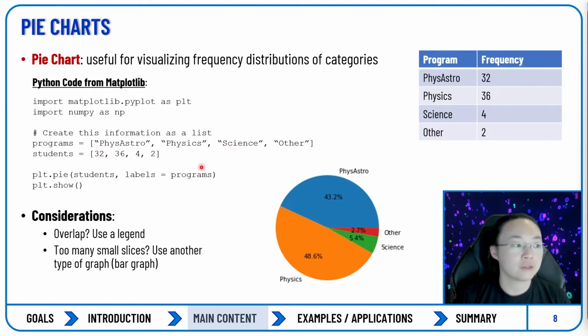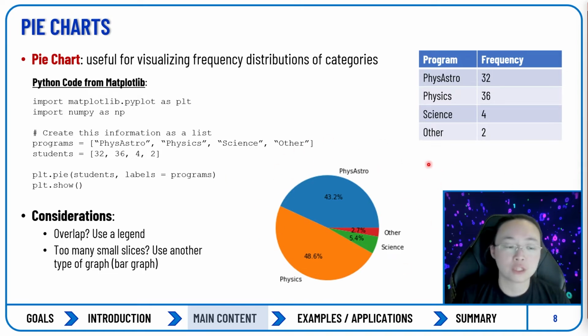Once you have these 2 lists, you can use the pyplot function, plt.pie. You are going to plot your students and have labels of programs. So if you do plt.show, it's going to show your graph and you get something like this.